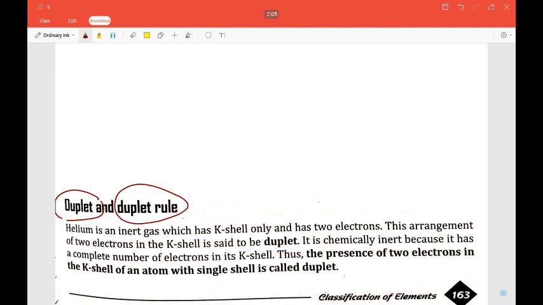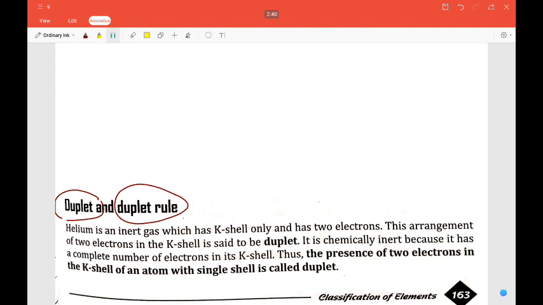Earlier, could you remember the cells? K, L, M, N, O, they are cells. And we have studied about sub-cells also. What are they? S, P, D. And we have already discussed the capacity of cell as well as sub-cell. Electron holding capacity of cell is calculated by using the formula 2n square.